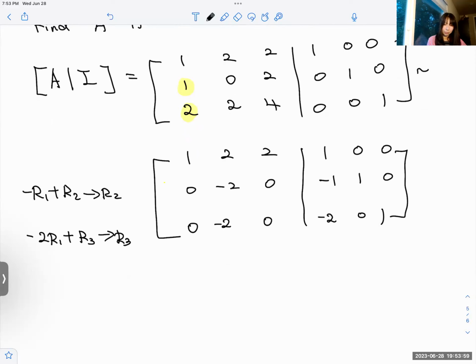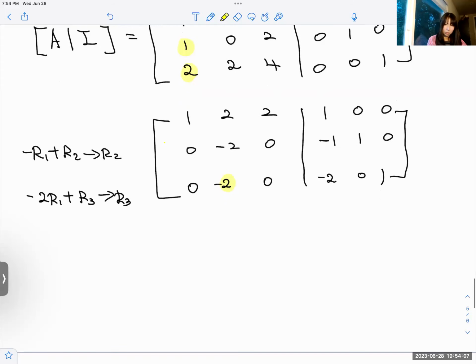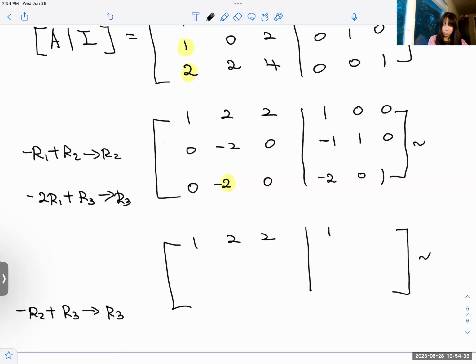Okay. So we want to make a 0. Doesn't look good, right? Equivalent. Negative row 2 plus R3 makes R3: 1, 0, 0, 0, negative 2, 0, negative 1, 1, 0.